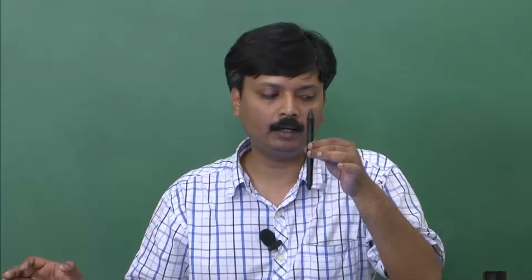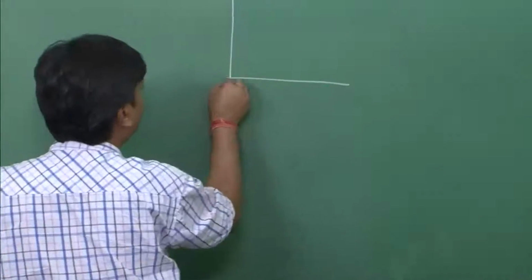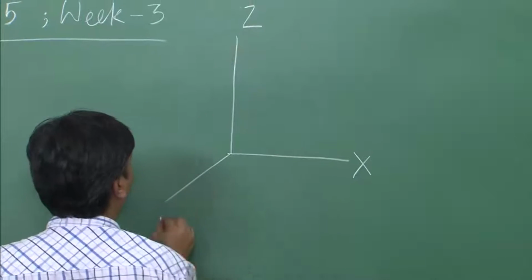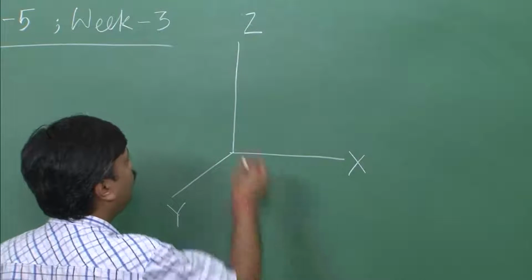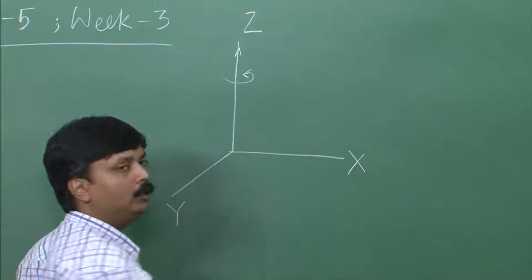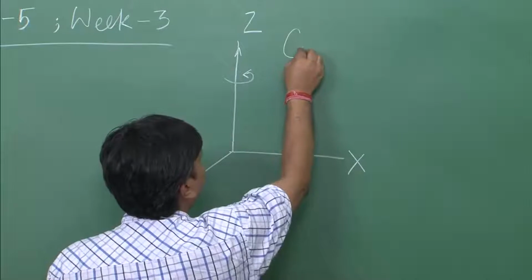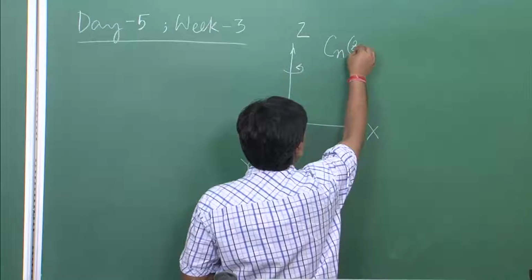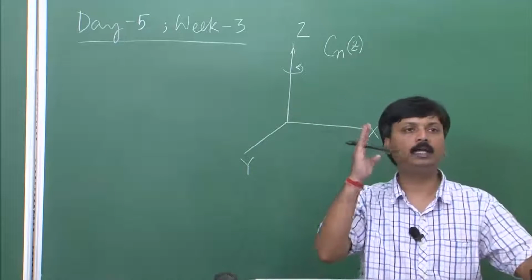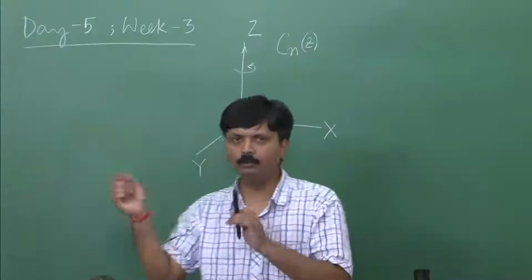So if I have the same coordinate system again here, then my principal axis of rotation will be about this axis. Okay. So I will say I have some Cn, as Cn z. That will tell you that the Cn axis is along the z coordinate of our Cartesian coordinate system, and then we will do all the operations.